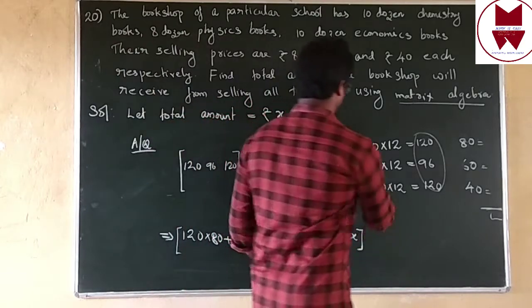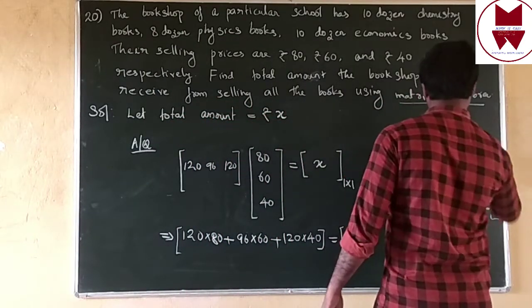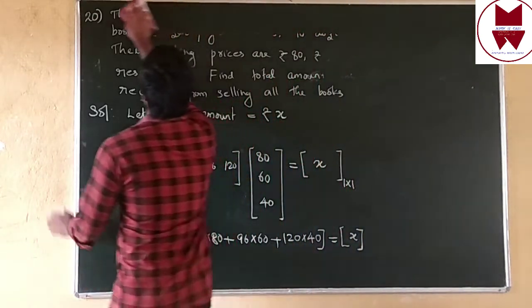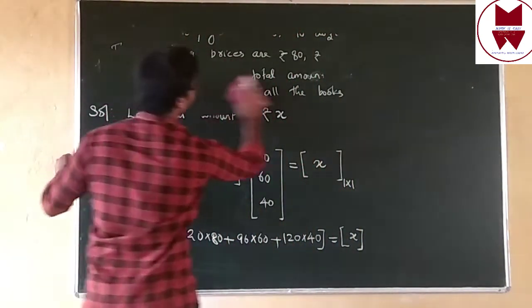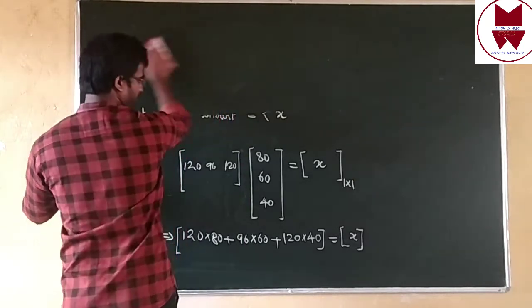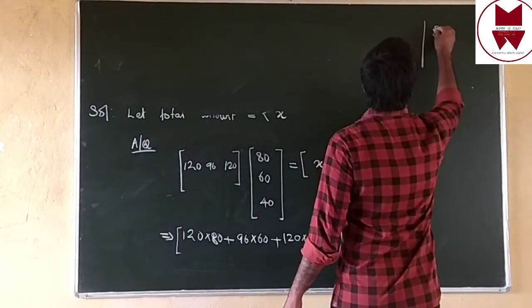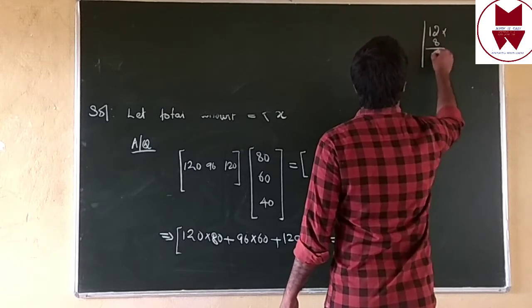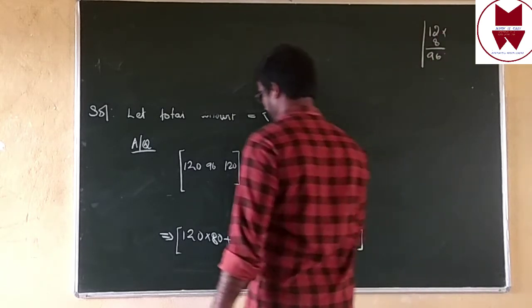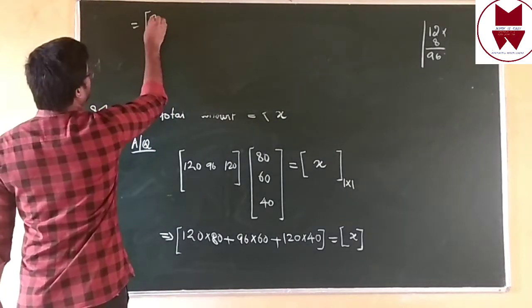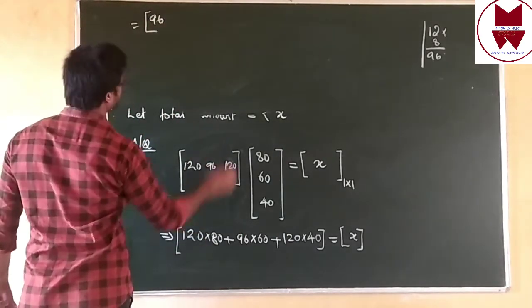Then you can multiply all the numbers. 120 into 80. Okay, 12 into 8, 96. 120 into 80, you will get 9,600. How many zeros? 1, 2 zeros.